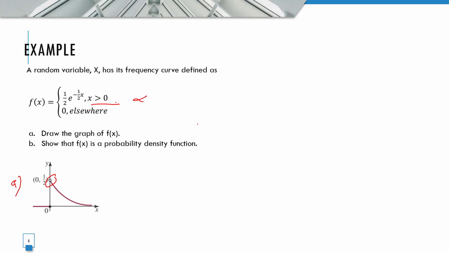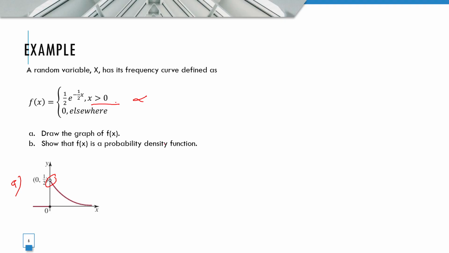So the first thing is that f of x is greater than 0 for all x. If we graph this one, this is asymptotic. For example, e raised to 0 is equal to 1, and e is about 2.7.